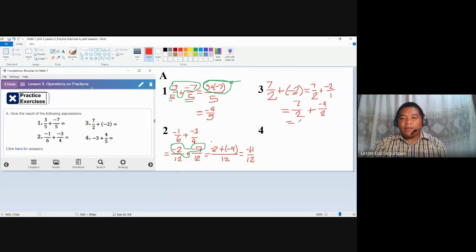And then we copy the denominator, and we operate the numerators. So you have here 7 plus negative 4. Operation of integers tells us that the answer is 3 halves.